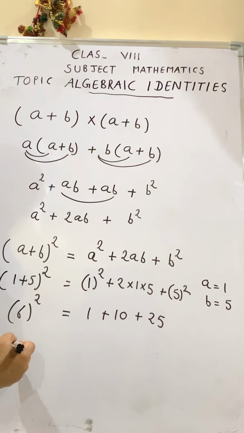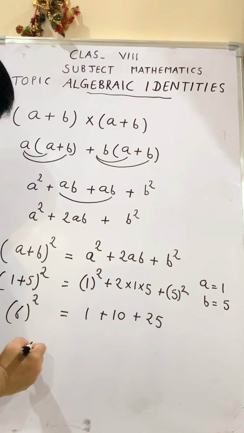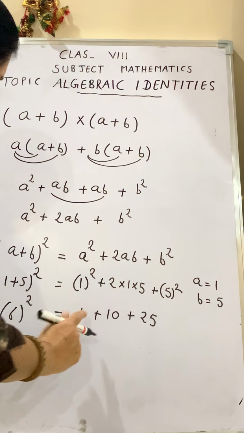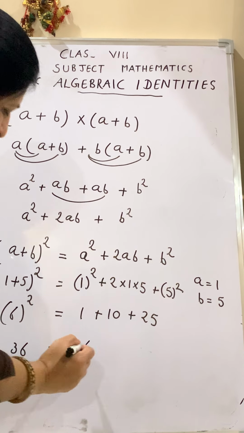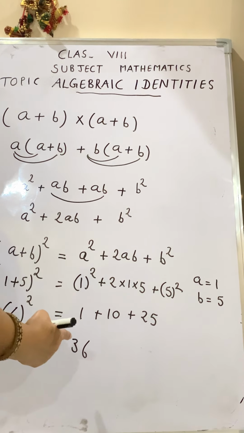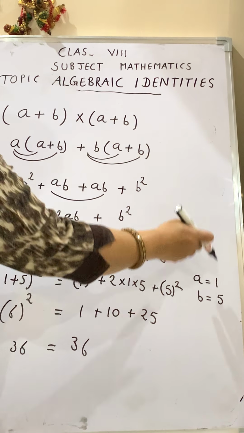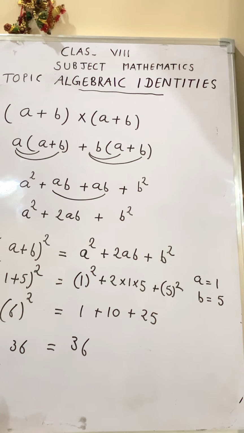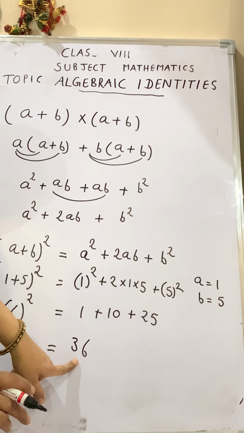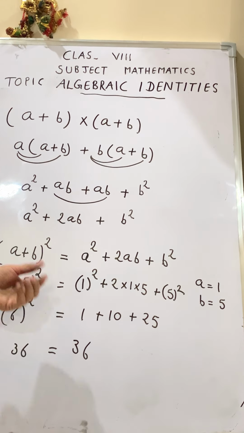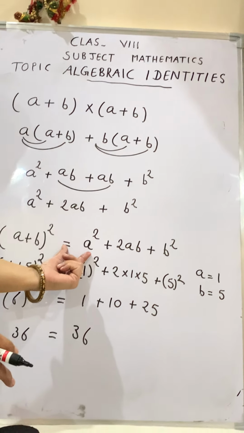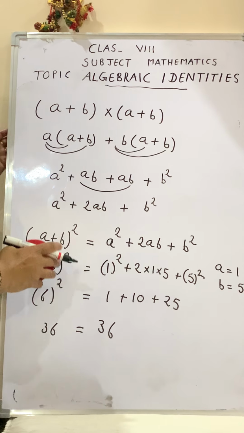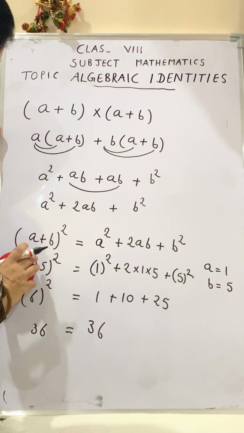It means 6 square is 36, is equal to 25 plus 10 is 35, plus 1 is 36. It means left hand side is equal to right hand side. For any value of a and b, we will find left hand side is equal to right hand side. Therefore, it is called an identity. It is the first algebraic identity.